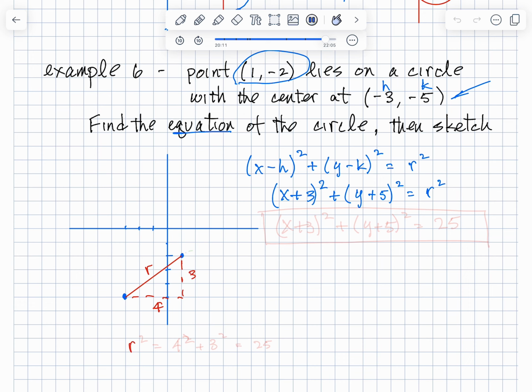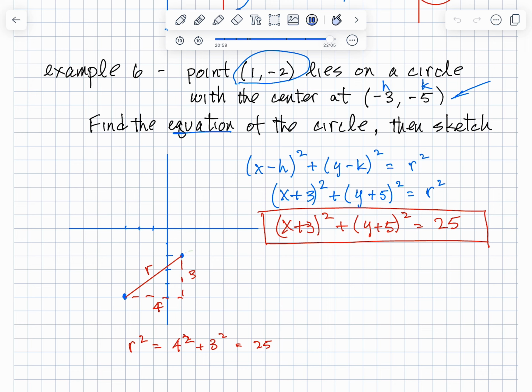So r squared equals 4 squared plus 3 squared. 16 and 9, 25. So r squared is 25. So now we can finish up. X plus 3 squared plus y plus 5 squared equals 25. This is our equation of the circle with the center at negative 3, negative 5, and the radius is 5.